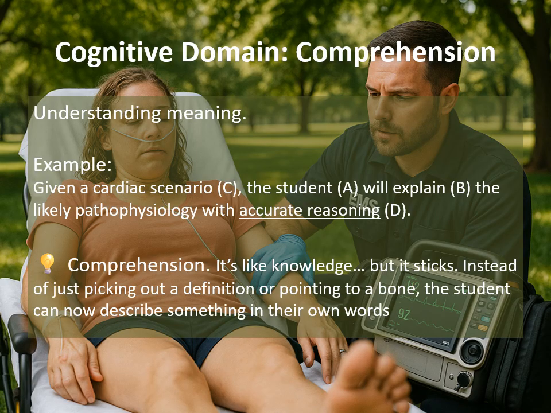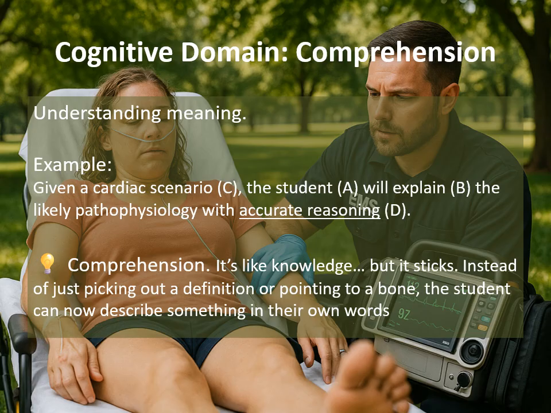In the cognitive domain, the next one up is going to be comprehension. Comprehension and knowledge are very close together. We're splitting hairs to a great degree. Again, very often in your career, you'll just have to know these as C1, C2, and C3. C1 is knowledge, or understanding is the other Bloom's term, and then comprehension.